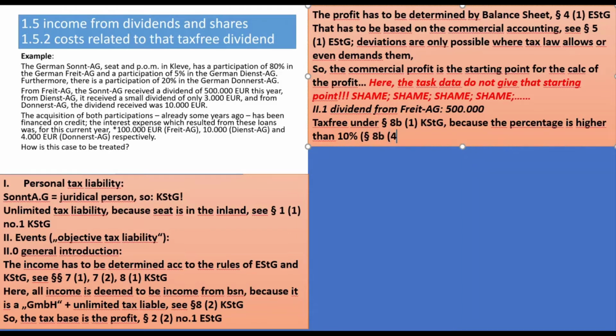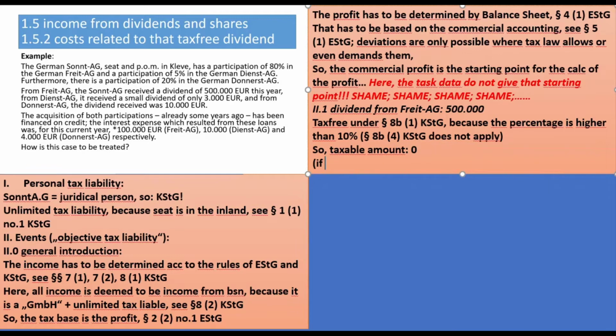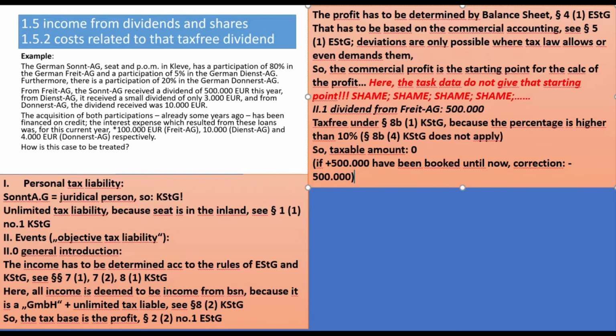Paragraph 8b4 KStG, which says it is taxable, does not apply. So the taxable amount is 0. If plus 500,000 have been booked until now, the correction would be minus 500,000.